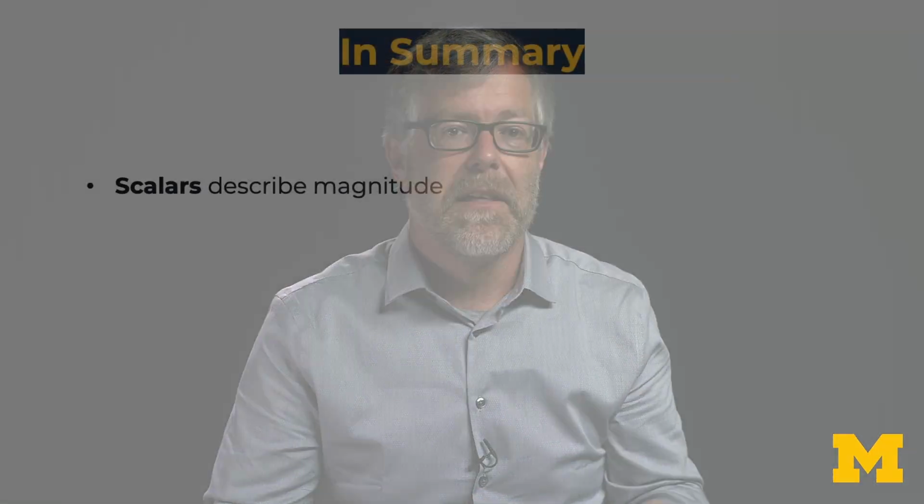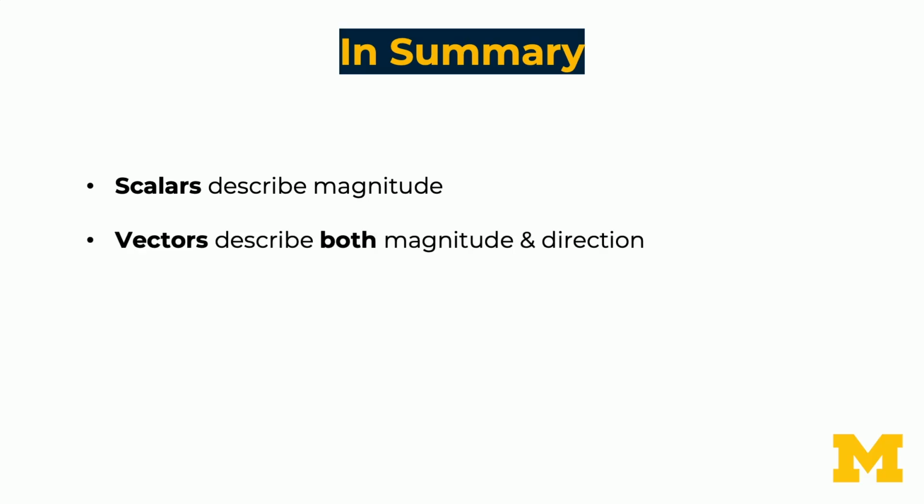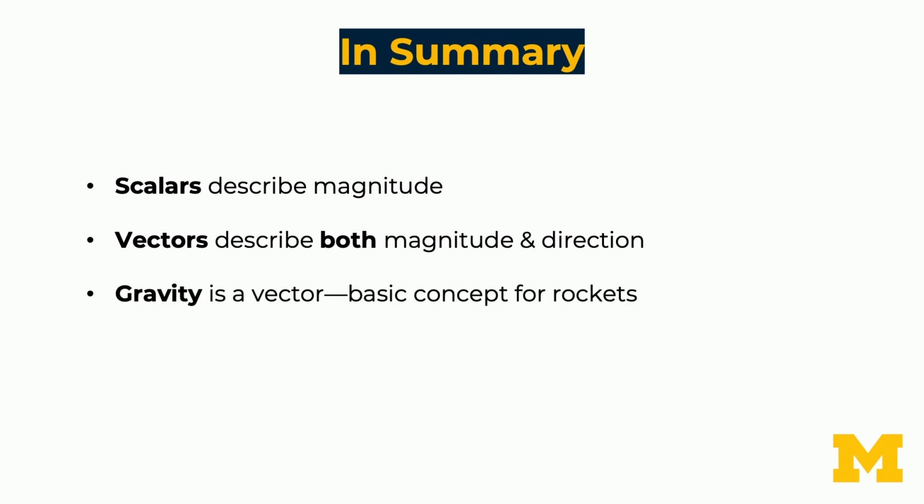So in summary, scalars describe the magnitude of something, while vectors describe both a magnitude and a direction. They have directionality. Gravity is a vector, and that's going to come up as a basic concept for rockets. Gravity works in the vertical direction.